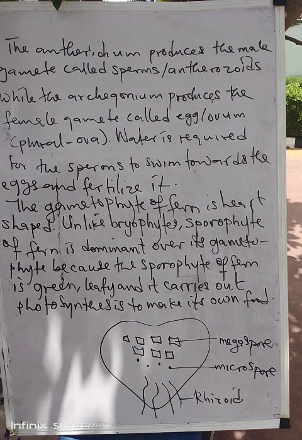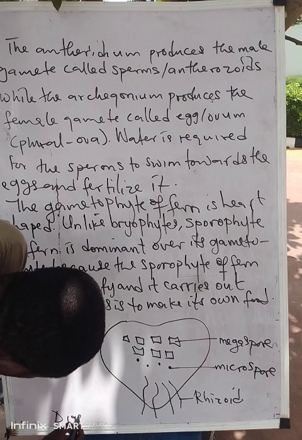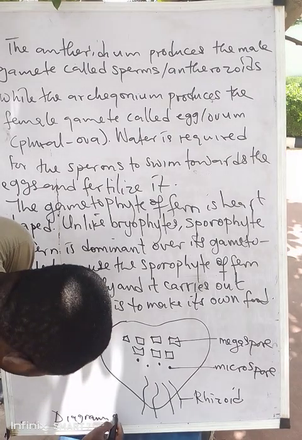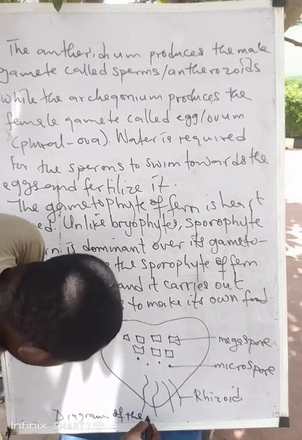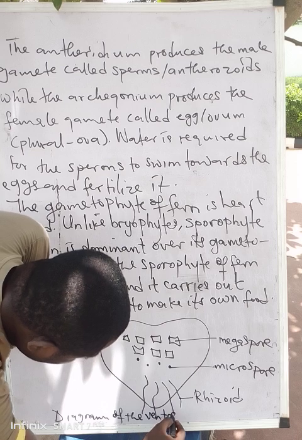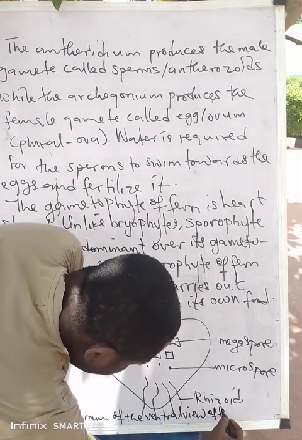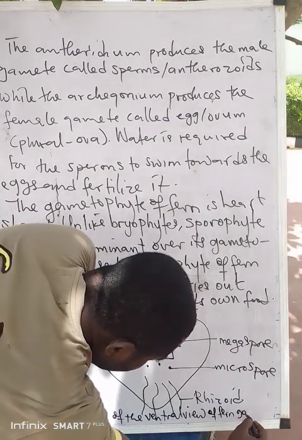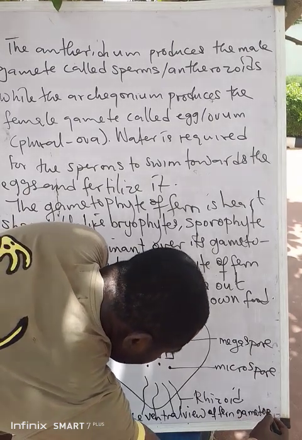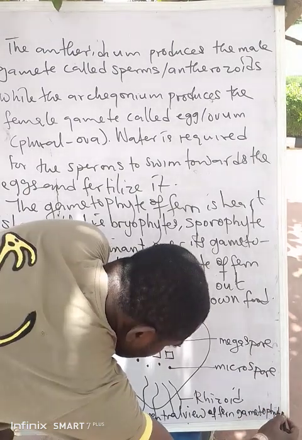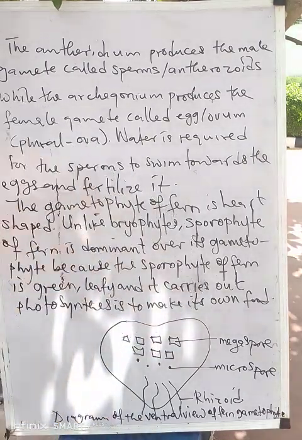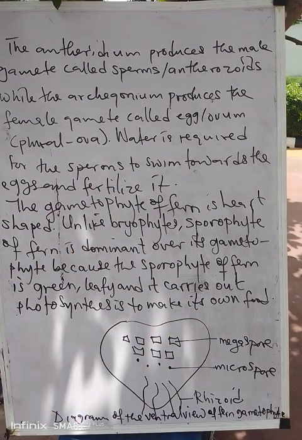So what I have here is the diagram of the ventral view of fern gametophyte. Once a ventral view, what do we mean? We mean the chest view, the front view of it. So that's what we have there.